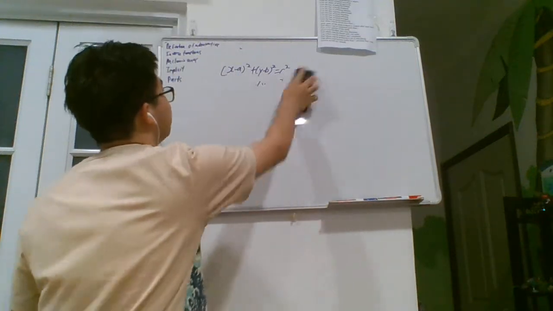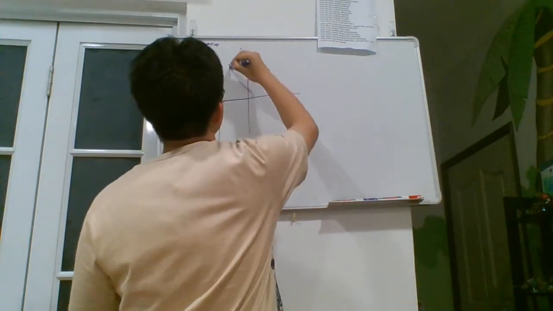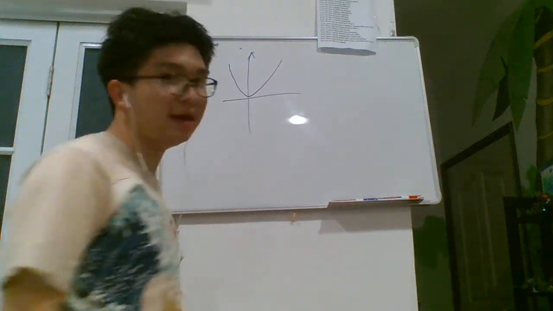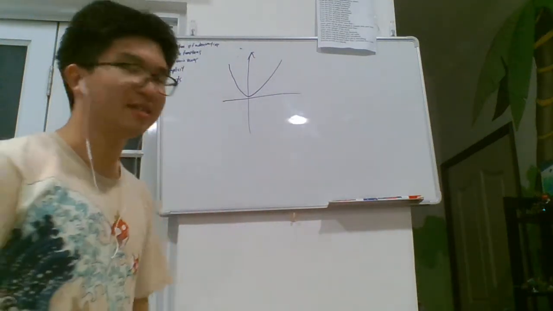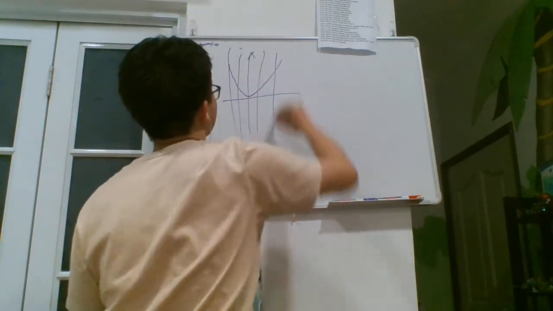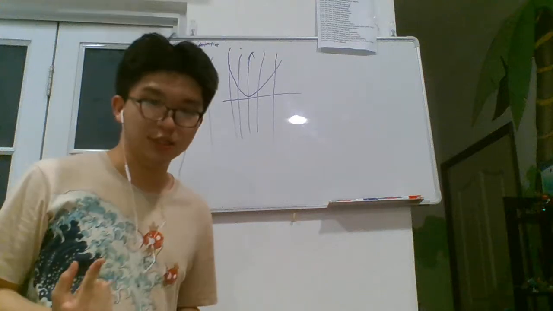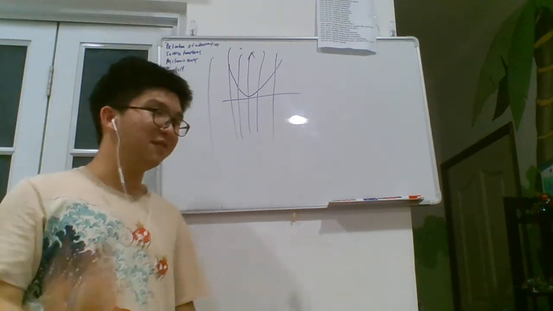I want to introduce you to a concept called the vertical line test. To determine whether something is a function, it has to pass the vertical line test. If I draw a vertical line anywhere along the graph, and there is only one intersection no matter where I draw the vertical line, it is a function.